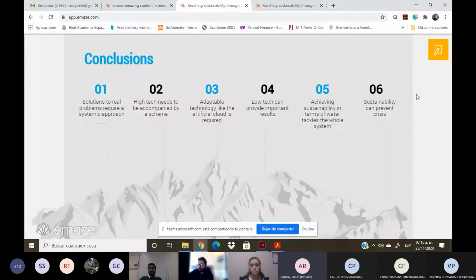We can also adapt to the countries we are in, and achieving sustainability in terms of water tackles the whole system, tackles every activity, and even changes inequalities. Also, sustainability can prevent crisis. It's not only about reaching sustainability, but preventing crisis in hydrological, economic, and environmental terms.